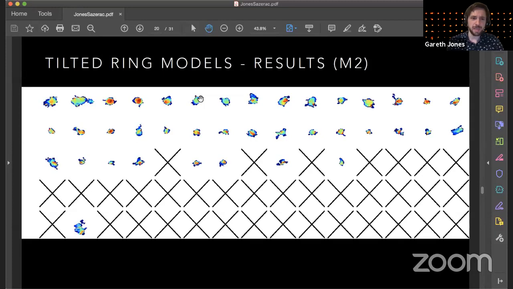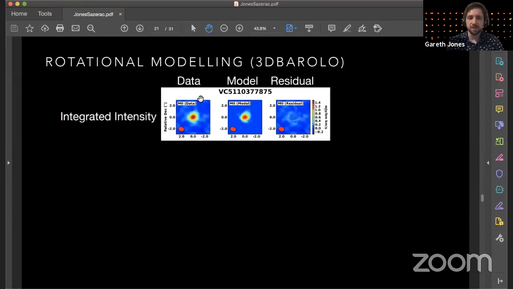So in order to quantify this, we then fit each data cube with a tilted ring model. We took the entire data cube and fit it with a model, which is much better than just taking the velocity field and fitting it with a model, because we can look at the data, the model, and the residual in multiple ways. The first way is we can look at the integrated intensity, or the moment 0, for the data cube, the model cube, and the difference between the two, the residual.